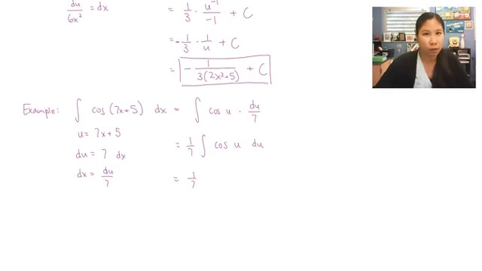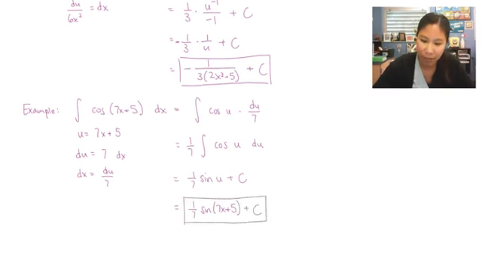The integral of cosine would be sine plus c. So 1/7 on the outside, and then replace that sine of u with sine of 7x plus 5 plus c, and then that's it. All right, that's u sub.